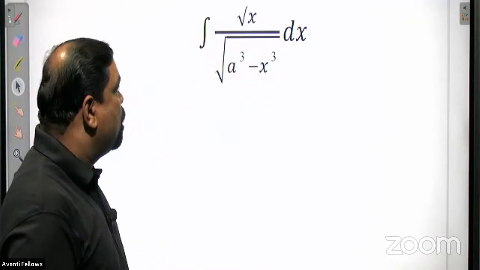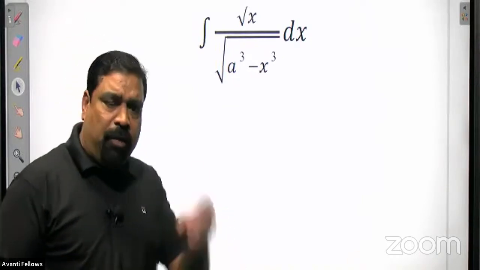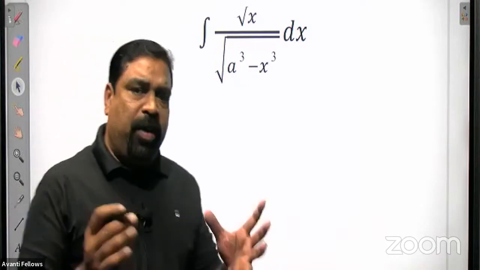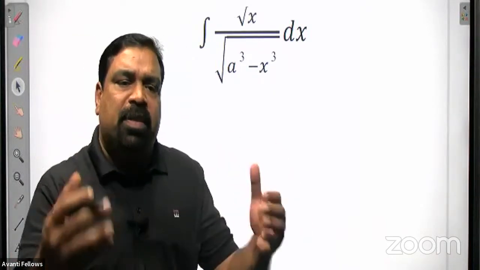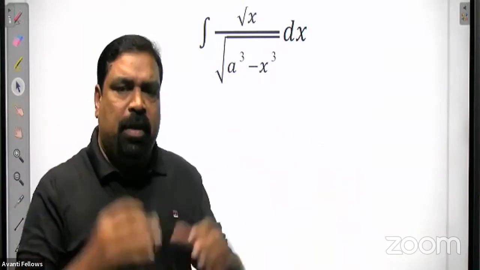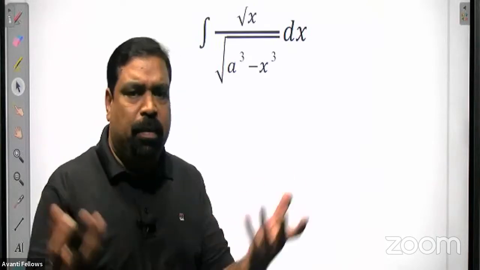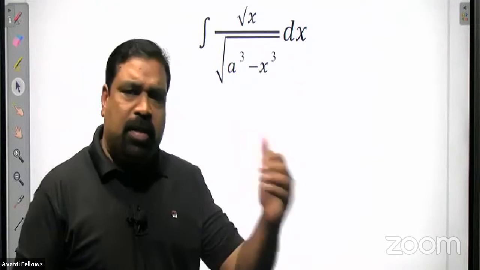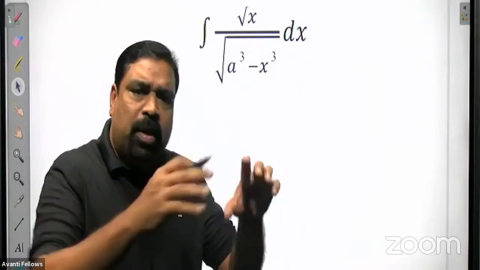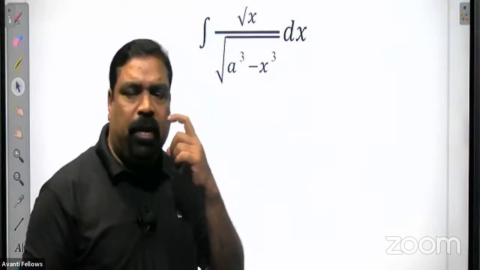So how to integrate it? In every integral question we have to convert it into some standard integral form, using some substitution or some other algebra. That is the final task: we have to reach a standard integral formula.